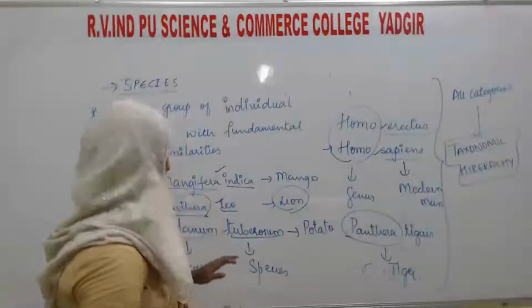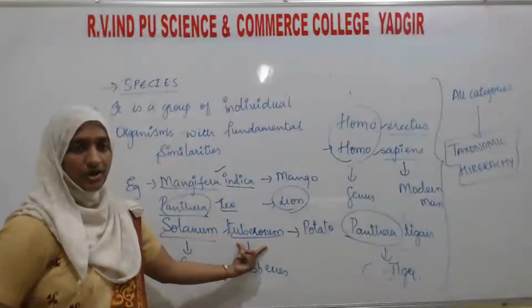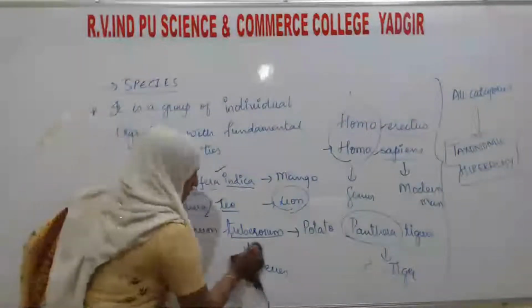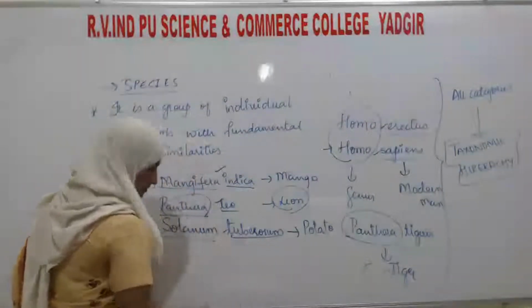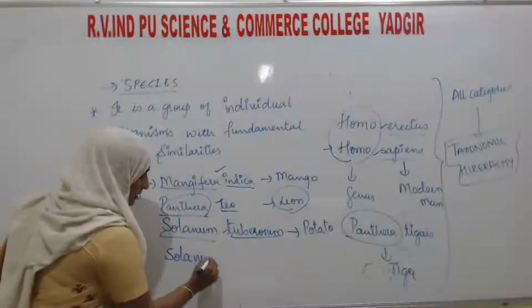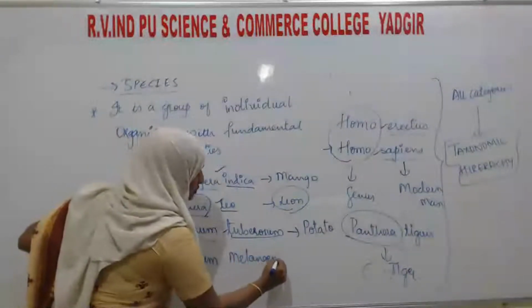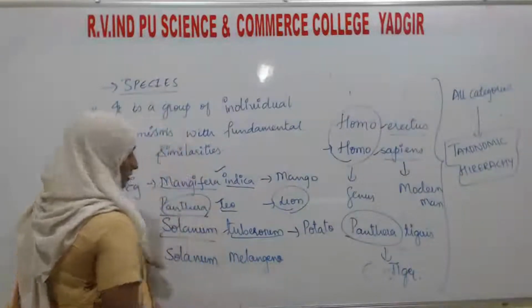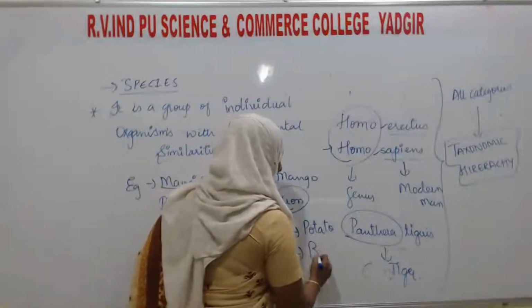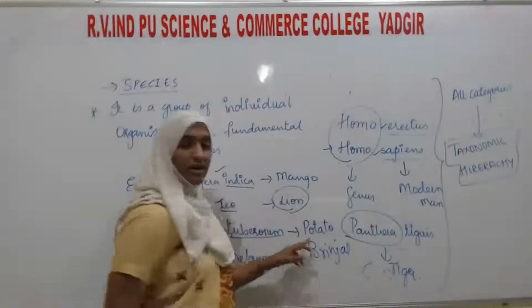One more example. Solanum tuberosum. Here Solanum melongena, this is the scientific name of brinjal. Is the brinjal similar to potato?